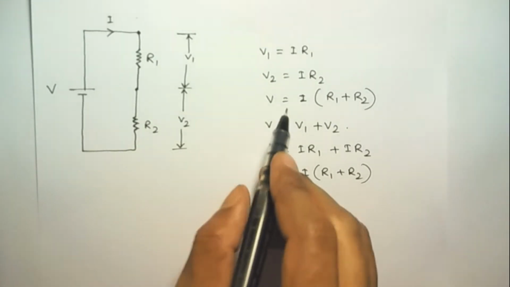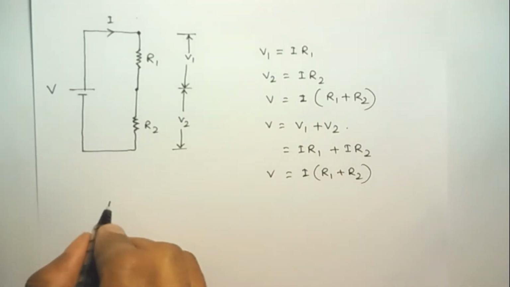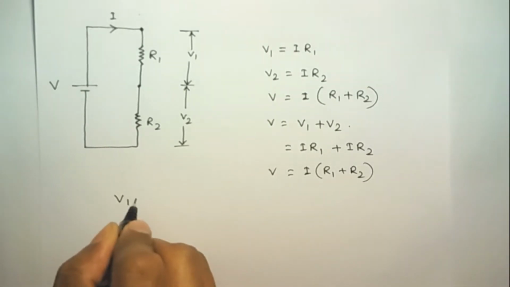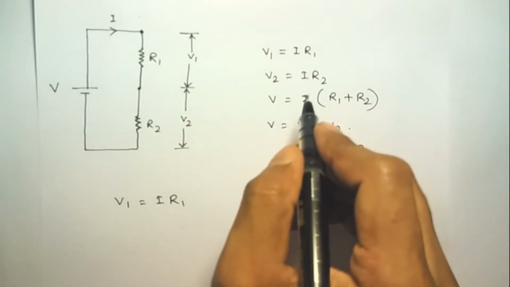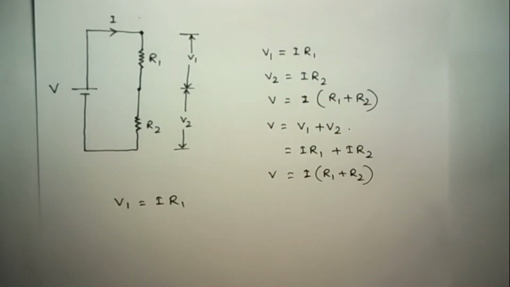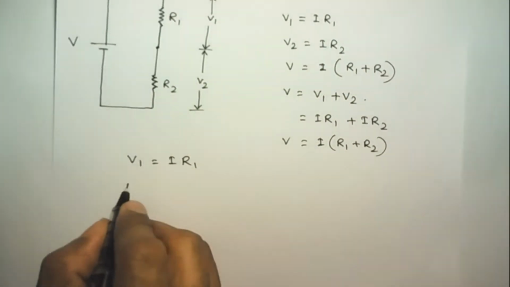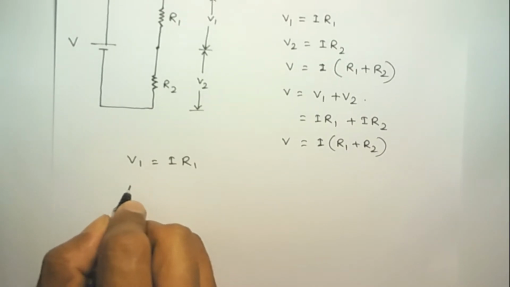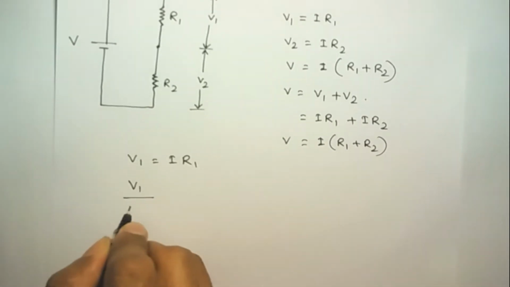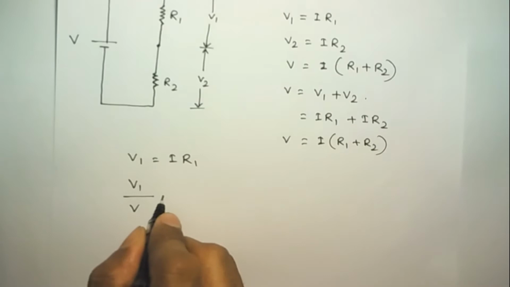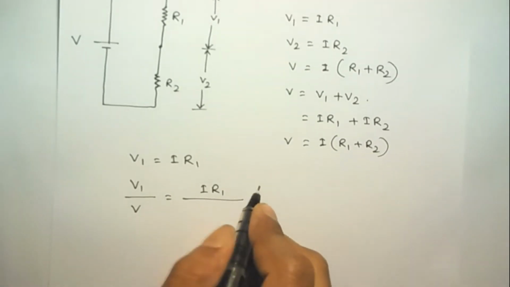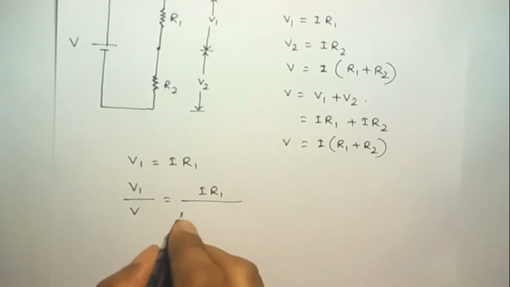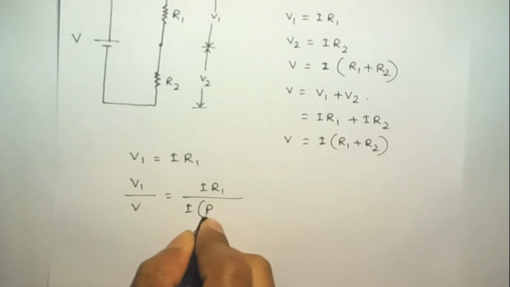Now we will calculate V1, that is V1 equals I into R1, got from this equation. Let's divide V1 by V, equals I into R1 divided by I into R1 plus R2.